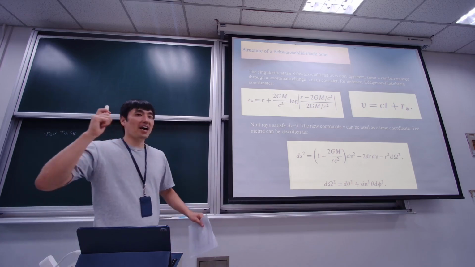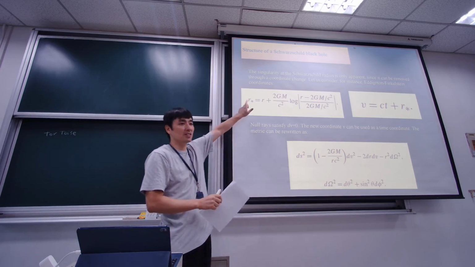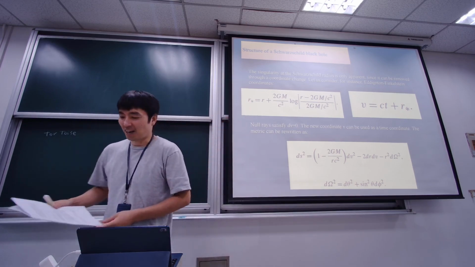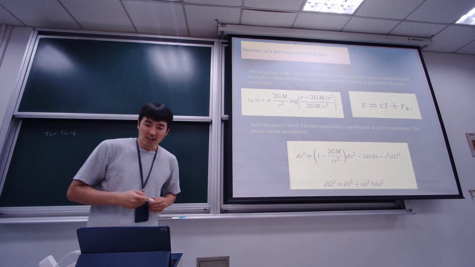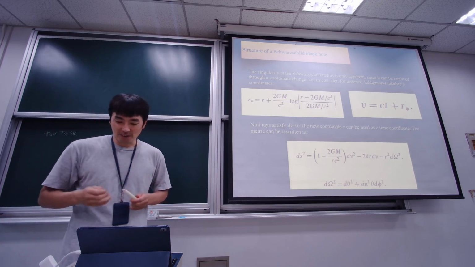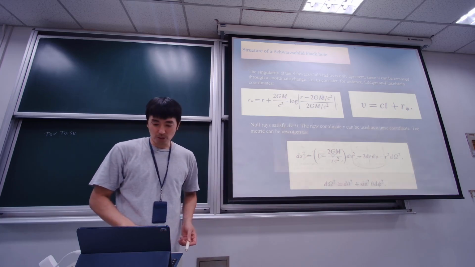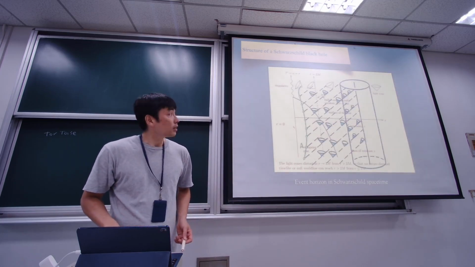It takes infinite time to go from infinity to the Schwarzschild radius if you use this coordinate. If you integrate from infinity to r, it takes really infinite time to go to this.